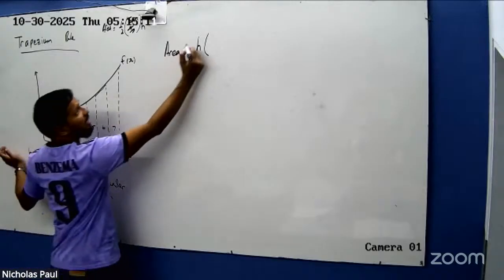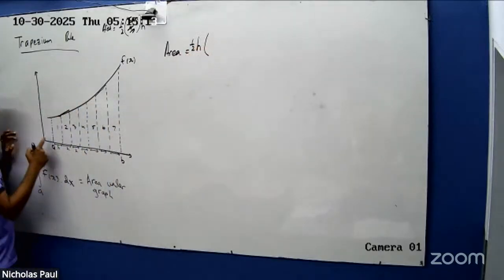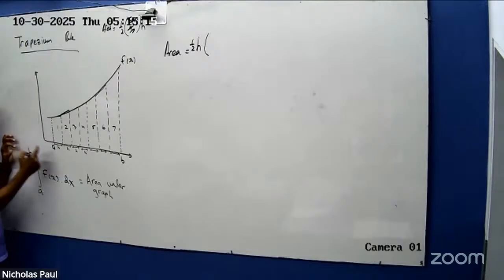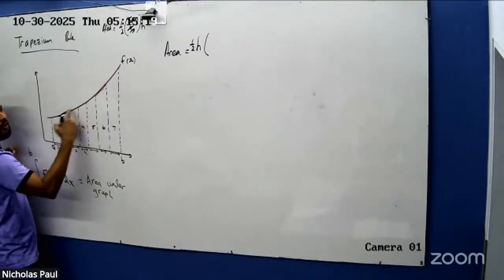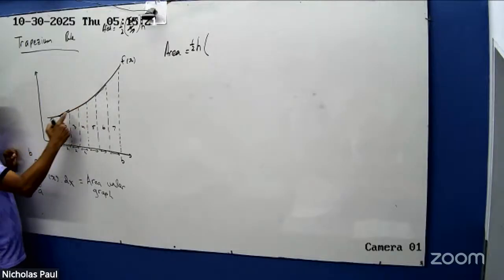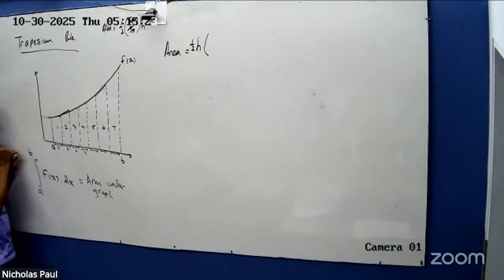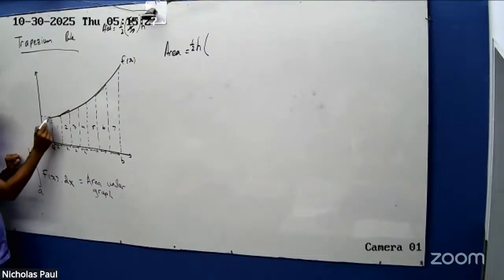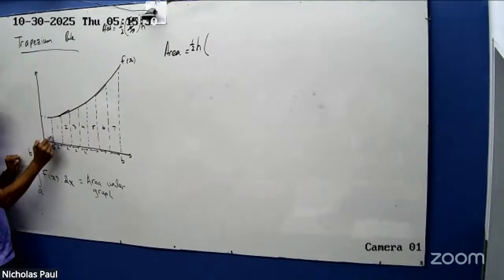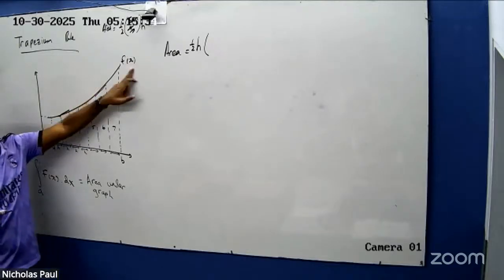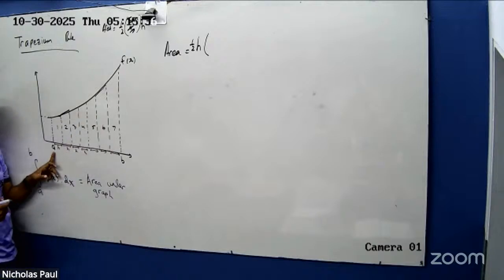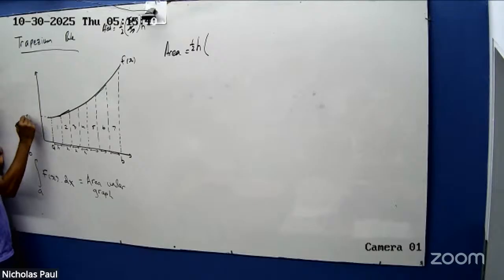How do we get the height here? If you know the function, how do we get this height here? Anybody can guess? If we know the function and we know the x value, which is a in this case, substituted, this here is f of a.